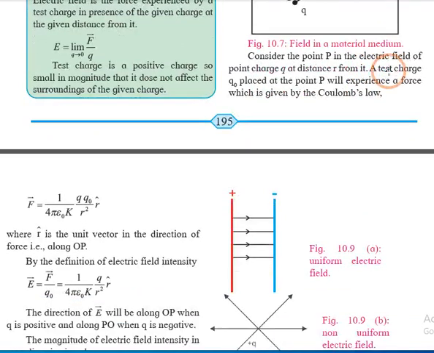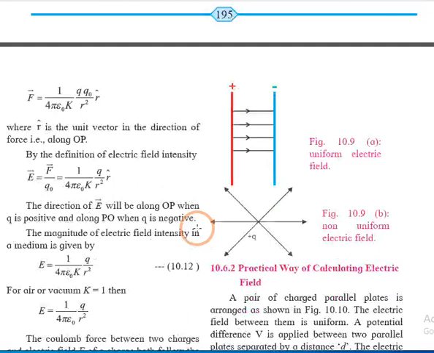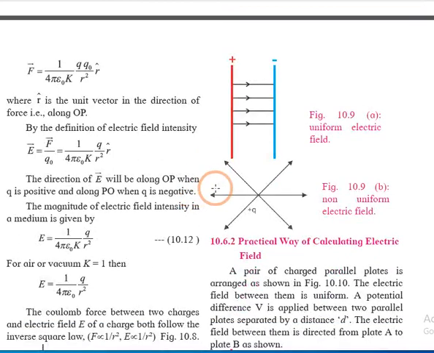Now we know that Coulomb's law is given by F is equal to 1 upon 4 pi epsilon naught Q1 Q2 upon R square. We place it in vector form, with Q1 equal to Q and Q2 equal to Q naught. So the equation becomes F is equal to 1 upon 4 pi epsilon naught Q Q naught upon R square into R cap.